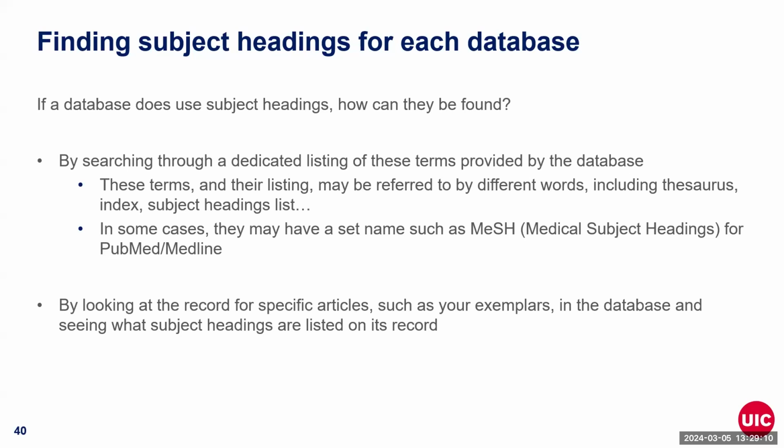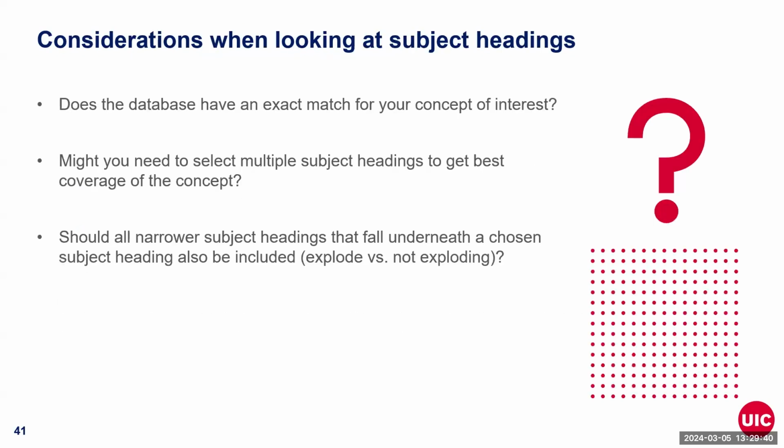In some cases, they may have a set name, such as MeSH, medical subject headings, which is used in PubMed/Medline. Another way is by looking at records for specific articles, such as your exemplar in the database, and seeing what subject headings are listed on its records. Both of those can be really helpful because sometimes you find useful ones in one approach that don't show up in the other. So they both are useful tools.